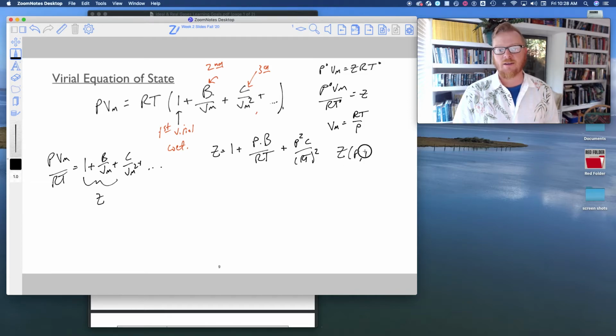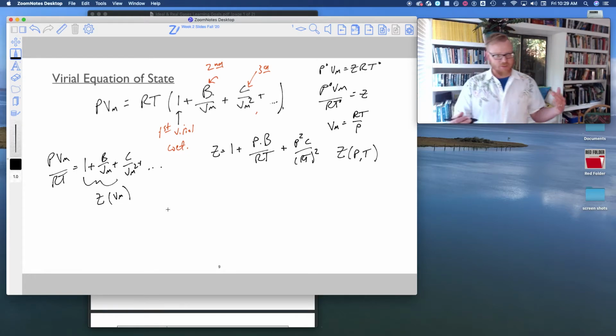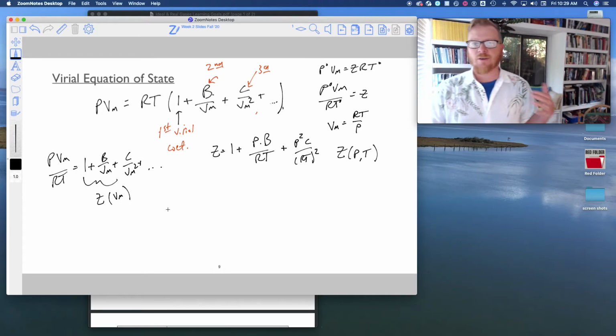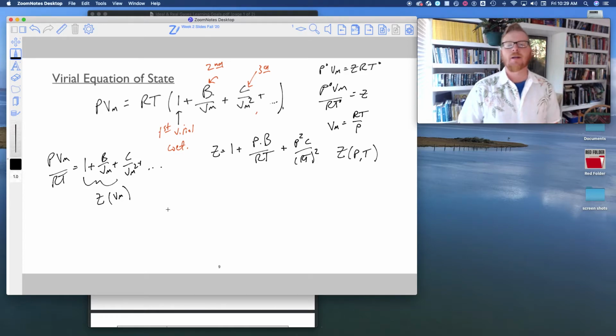Of course, here I have Z as a function of Vm. But this is the whole idea of these equations of state, being able to write these in terms of whatever variables we want.